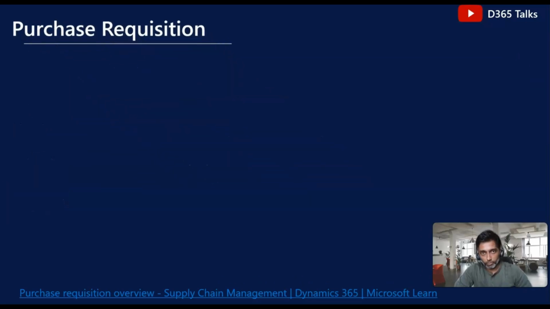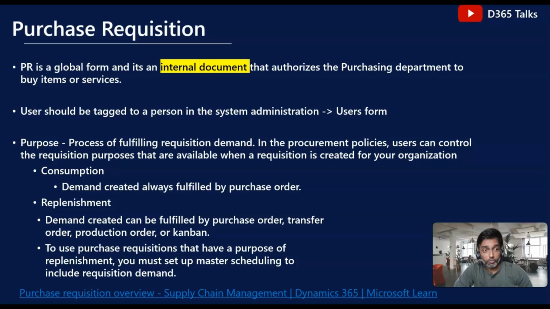So what is the fundamental definition of a purchase requisition? First of all, PR is a global form. Irrespective of the legal entity you are in, whether you are using the demo data, in USMF or USSI or USRT, you will have access to all the purchase requisitions created in your organization.